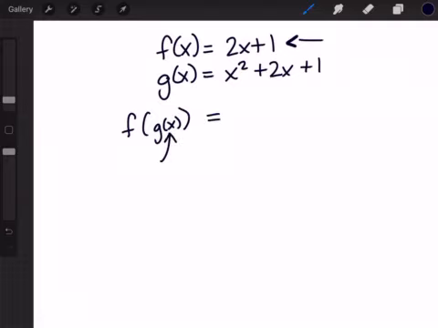On your paper, it's f open circle g of x. Okay? That just means that your g is inside your f. All right? The g is inside your f. These two notations are exactly the same. It's just one is more symbolic than the other.